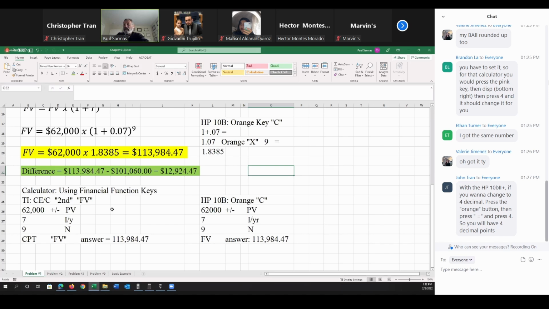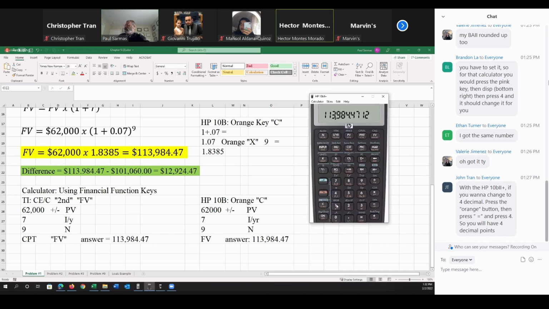But do you have to put it in that order? Let's try. What if you change the order? 9 N, 7 I, put the number and then press the key. 62,000.